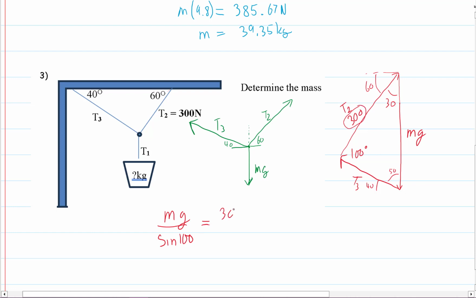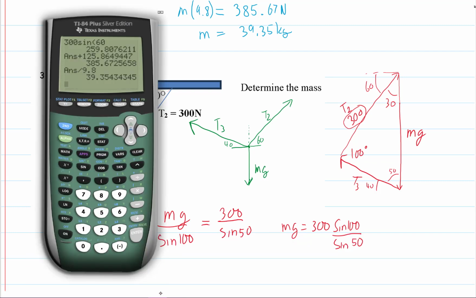So 300 over the sine of 50. Solving for mg, mg is going to equal 300 times the sine of 100 over the sine of 50.